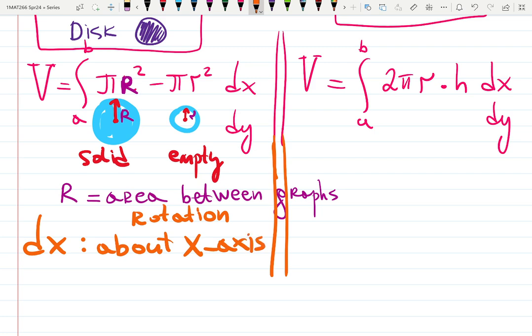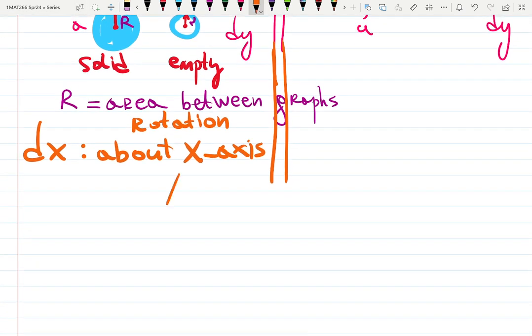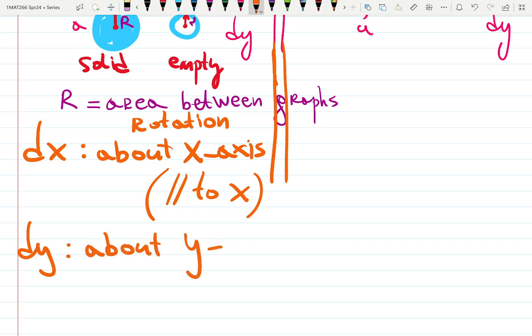Why is there only one person yelling? Everyone else has no idea what's going on. I hope you do. Or anything parallel to the x-axis. So y equals -4 is parallel to the x-axis. Everything horizontal. dy is the opposite: y-axis, or parallel to the y-axis.